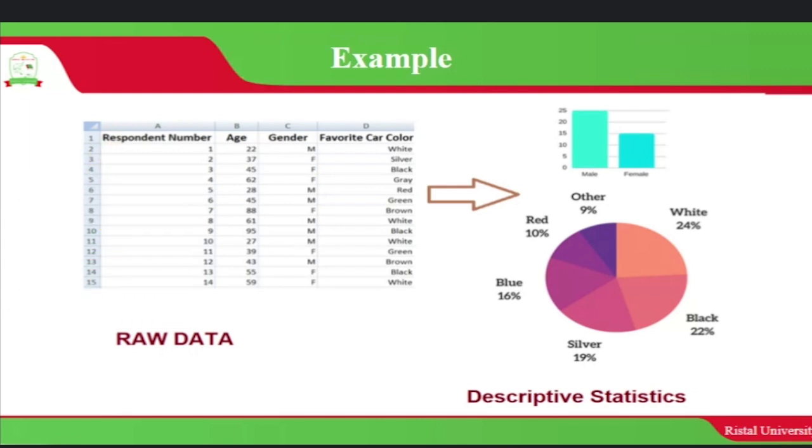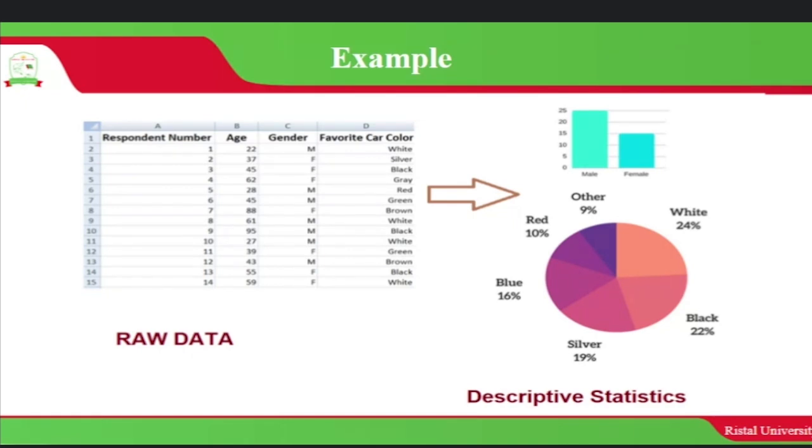Looking at this example, we have raw data that is commonly presented in Excel. I think some of us are familiar with Excel. Usually we have a data set like this that has respondents' ID.